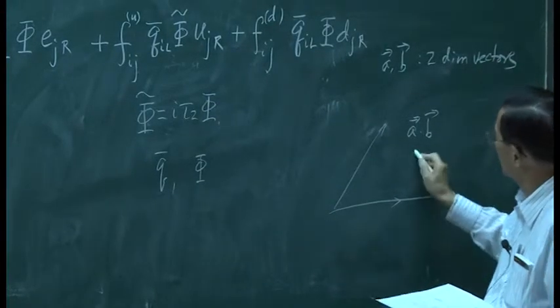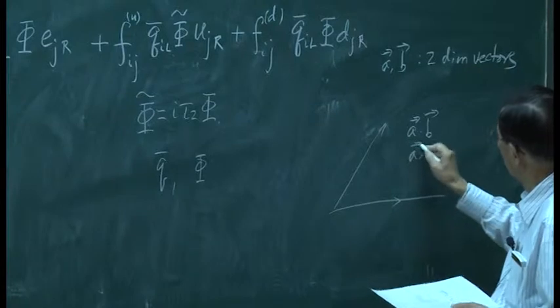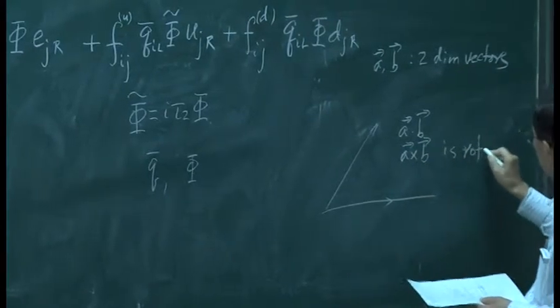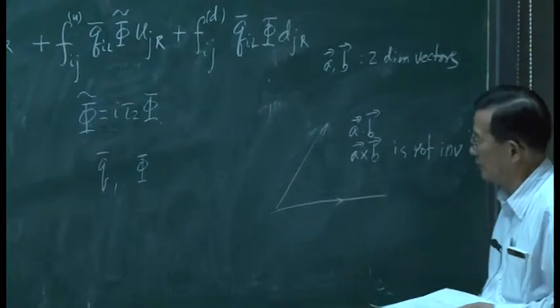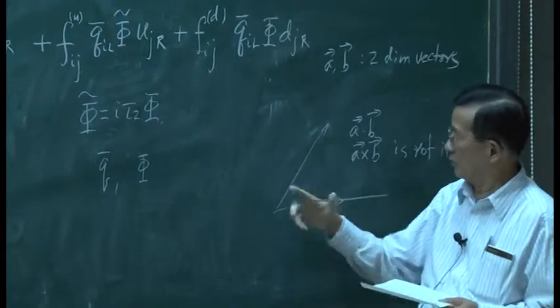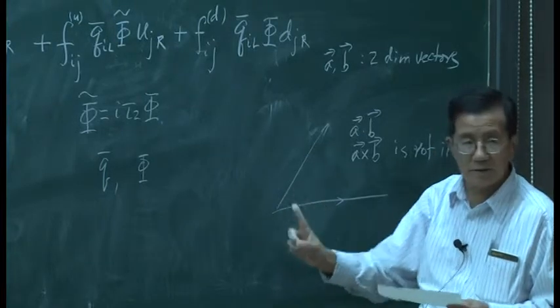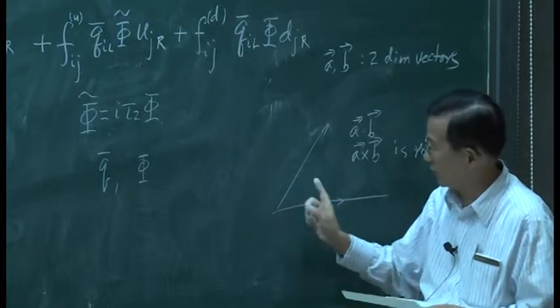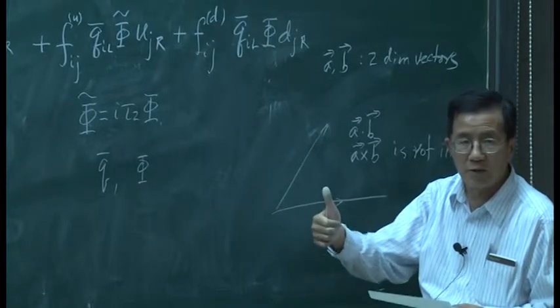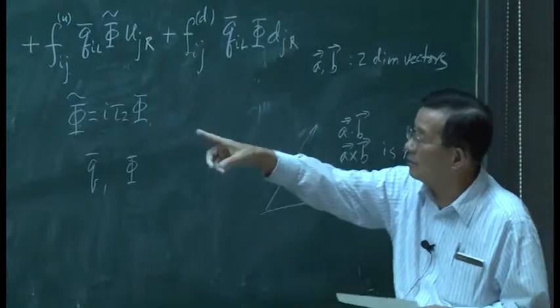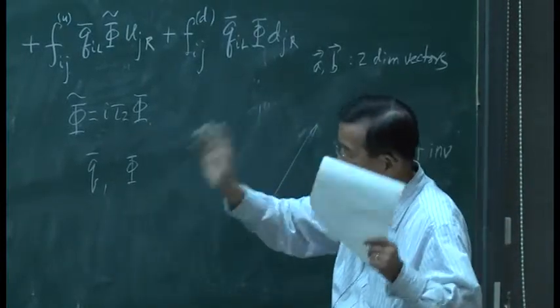But there's another one, A cross B, which is also rotationally invariant. The reason is that when you rotate A and B together, it doesn't change the cross product A cross B. It's always pointing up, right? You see what I mean? That's the same thing here. But the details are not important.